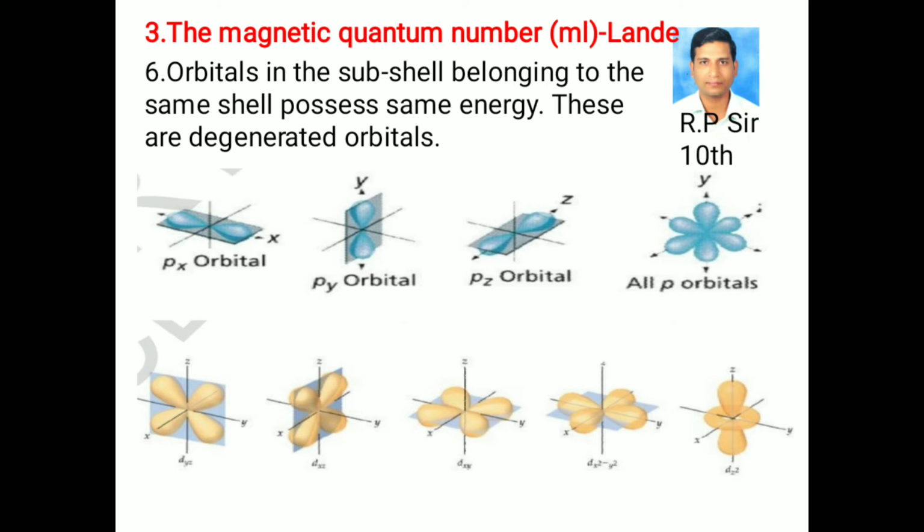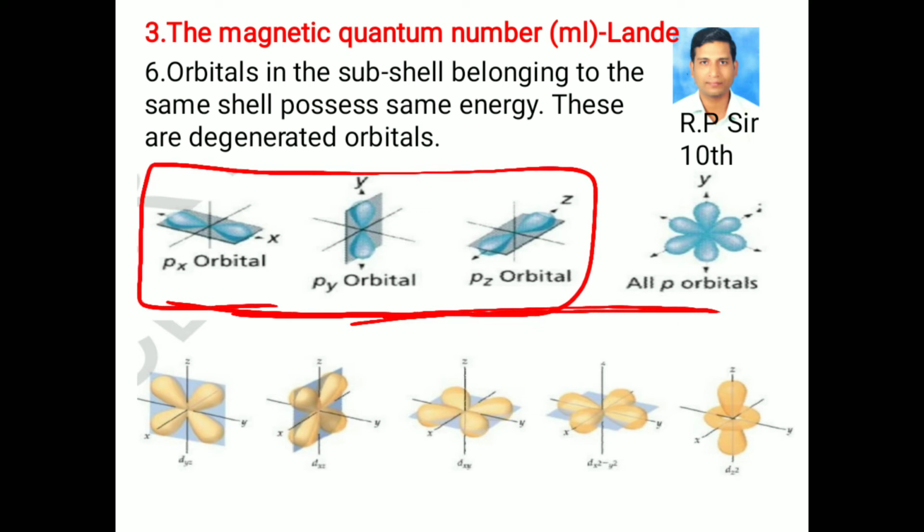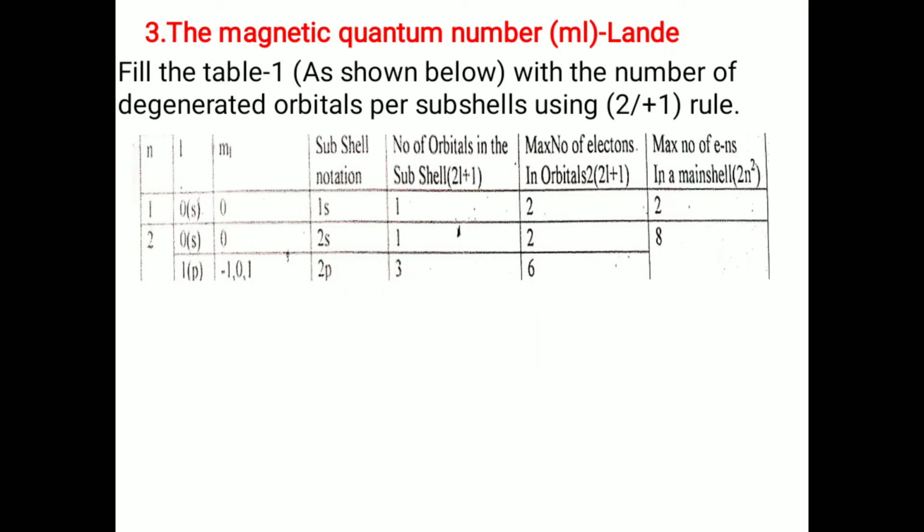Orbitals in the subshell belonging to the same shell possess the same energy, and these orbitals are called degenerate orbitals. Px, Py, Pz are degenerate orbitals. Similarly, dyz, dxz, dxy, dx square minus y square, dz square are also degenerate orbitals.